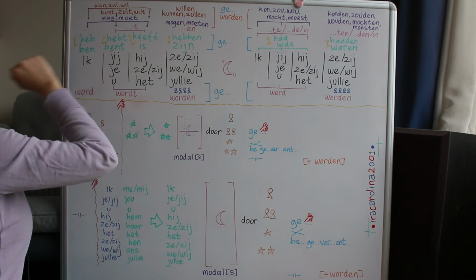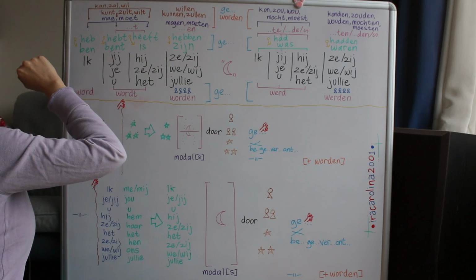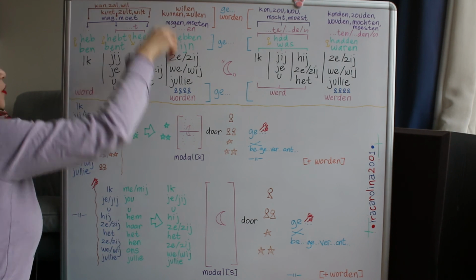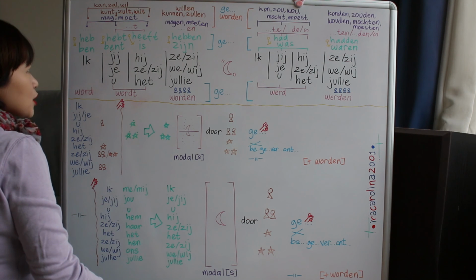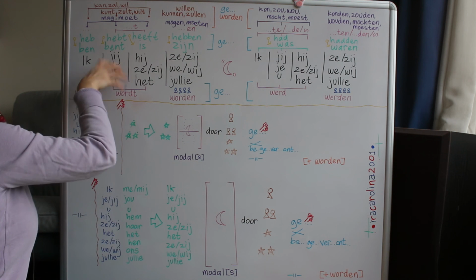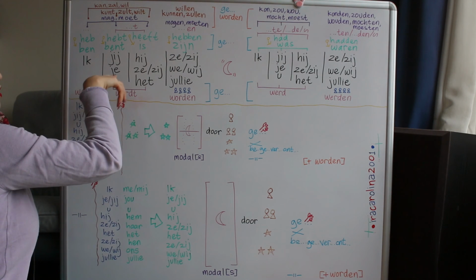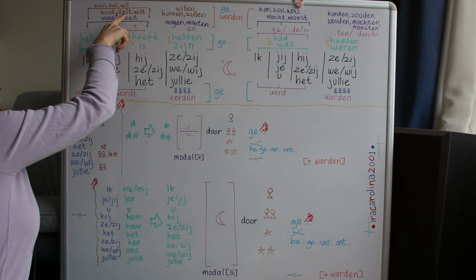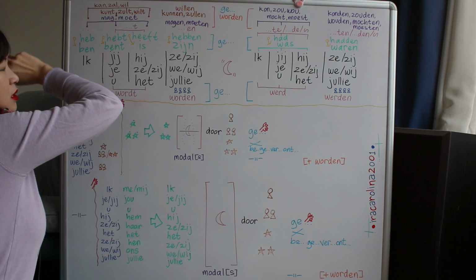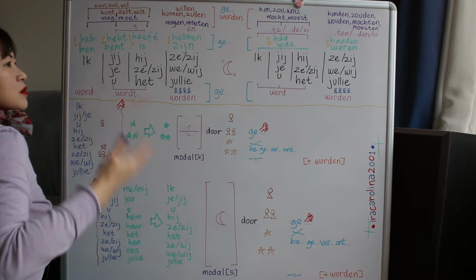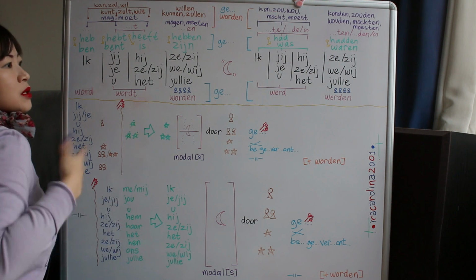And there are also these modals which work as a specialty for you, jij, je, u. We use kunt, zult, wilt for can, shall, or will.